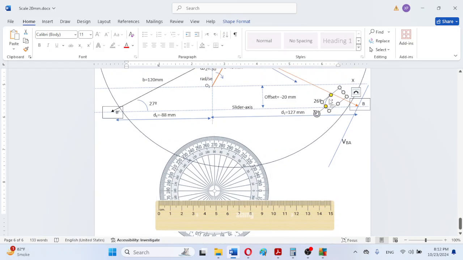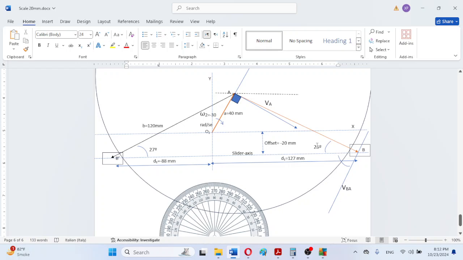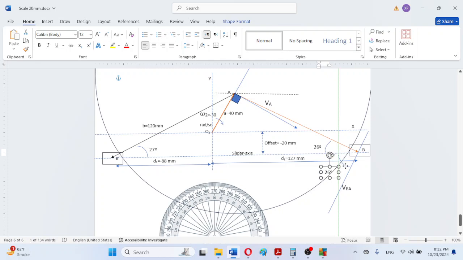We can copy this symbol and paste it here, move and resize it, because this angle is our requirement, and this angle is almost 64 degrees.